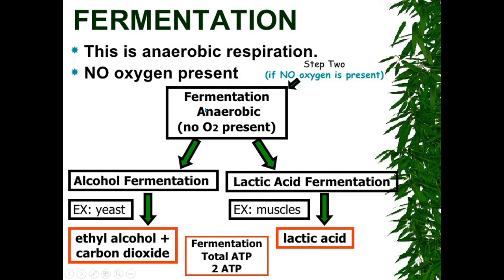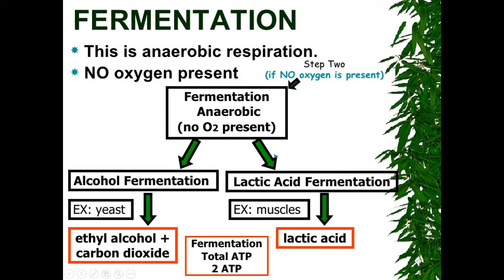Here fermentation is of two types: alcohol fermentation and lactic acid fermentation. Alcohol fermentation takes place in two steps, as we saw: first decarboxylation and then reduction, resulting in the formation of ethyl alcohol and carbon dioxide.